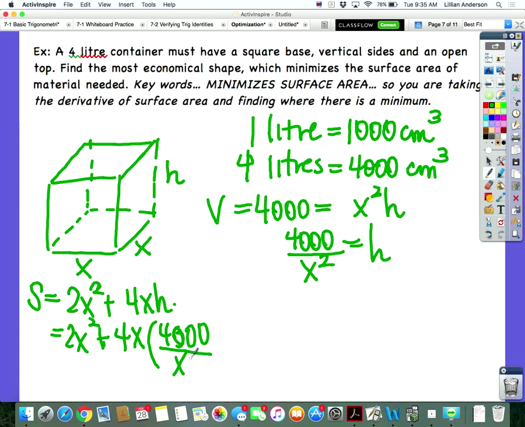Can you guys go ahead and simplify that for me? So your surface area equation is 2x squared plus 16,000 over x. That is the equation that you're going to end up taking the derivative of and setting equal to 0. Okay? Questions before I let you go to figure that out?